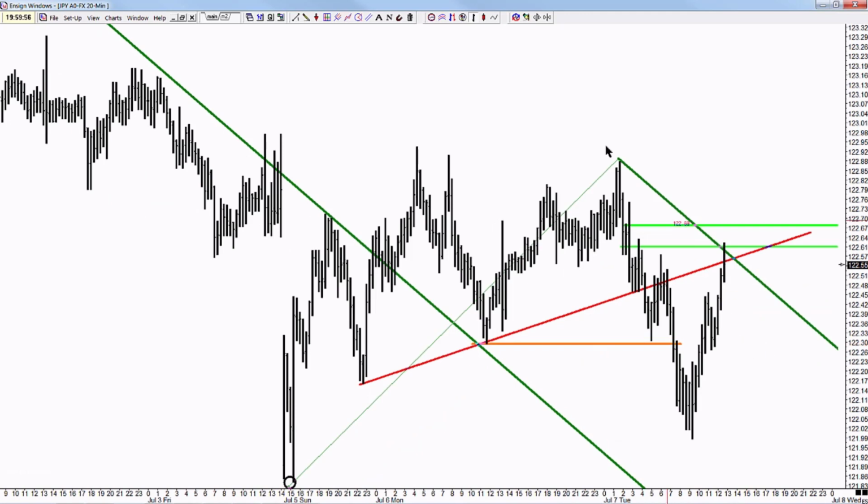As price comes back, I now have a place to think about an entry. My conditions will look like this. If I enter somewhere in this neighborhood, put a stop above this, we call that a wash, about 30 ticks.